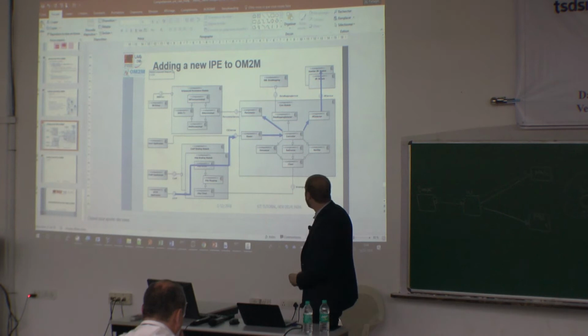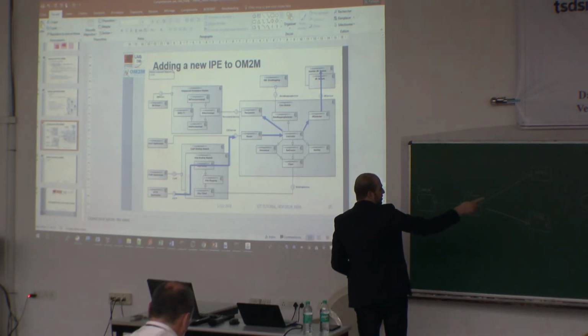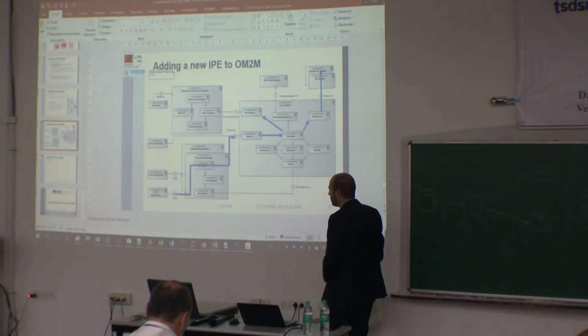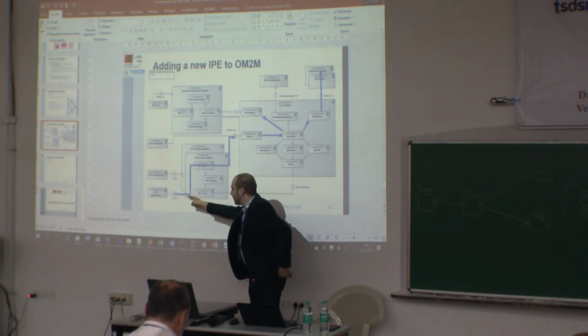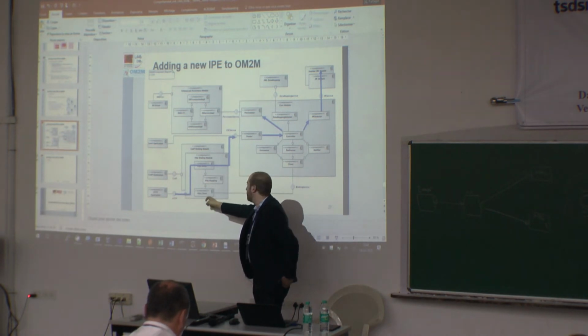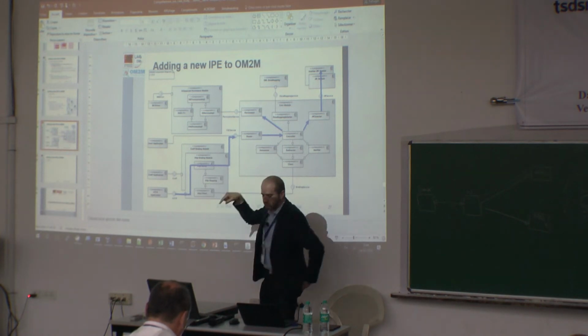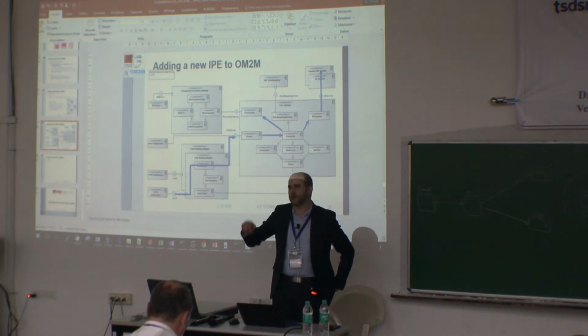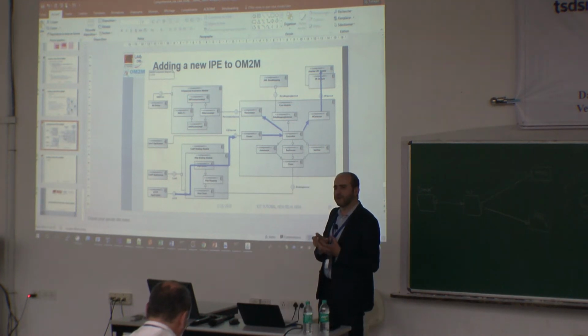What happens, as I said there, for example, let's say that we have an application using the oneM2M standard over HTTP, and the request is received by our HTTP server in the core. So this request will be given to, let's say, the core plugin of OM2M in a protocol independent format.